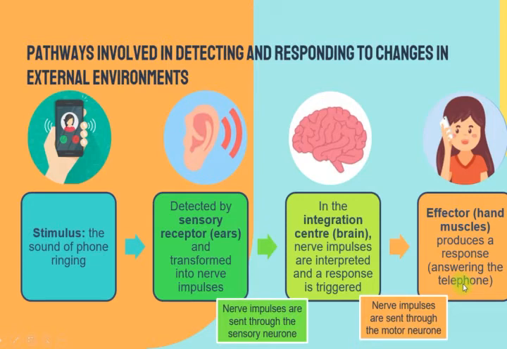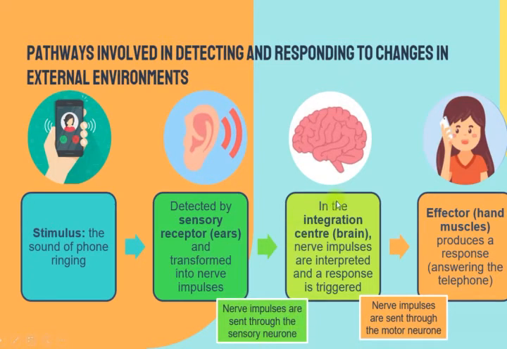Okay, so this is the pathway involved in detecting and responding to changes, to the sound, which is an external stimulus. Starting from the stimulus, detected by the sensory receptor, and the sensory receptor will change it into the nerve impulse, and the nerve impulse is sent to the brain through the sensory neuron.